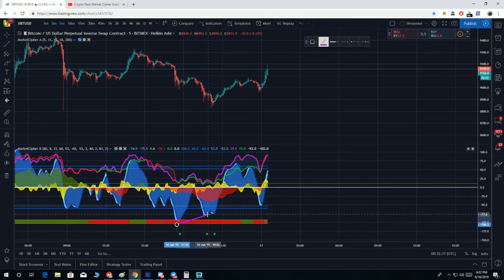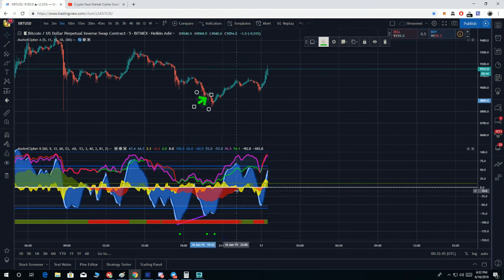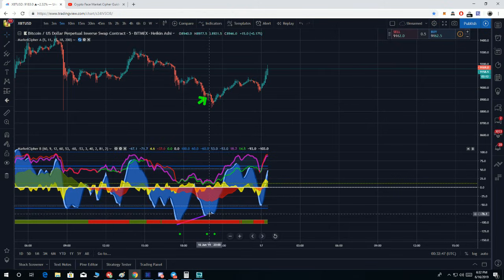So this, let's even say you hit a long entry right here. And then this wave actually had another blue wave, which I'm not surprised because we are deep in a red MFI environment.